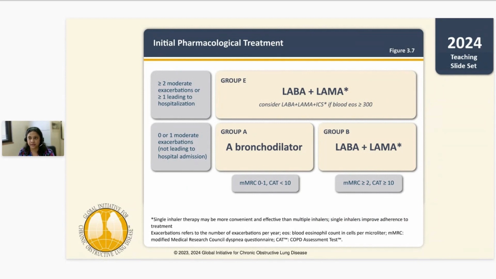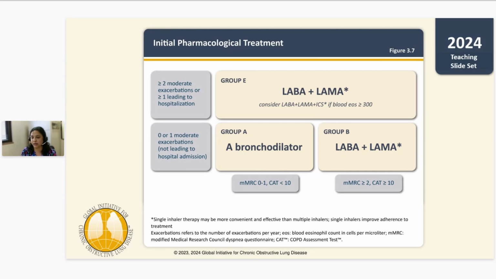If they have 0 to 1 moderate exacerbations in the previous year and no hospitalizations, and they have minimal symptoms for their COPD, just a short-acting bronchodilator is probably sufficient. They may need a single agent, like a long-acting muscarinic antagonist with a rescue inhaler. That's group A.